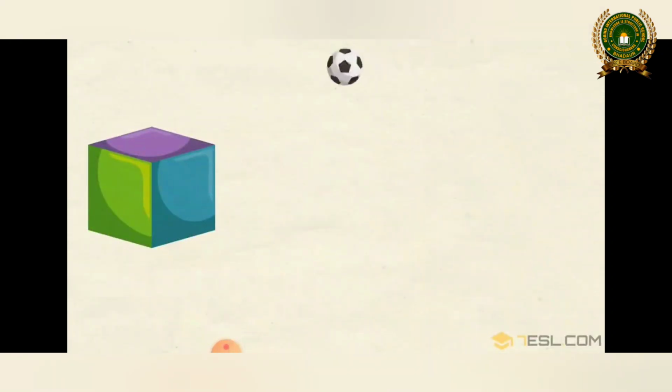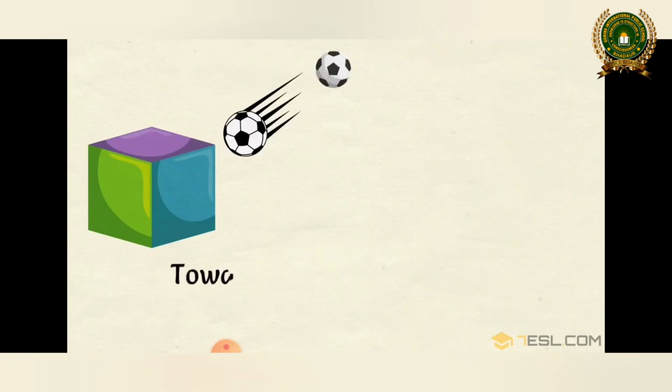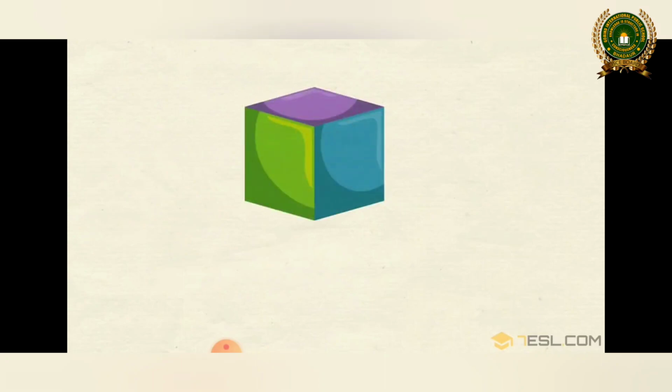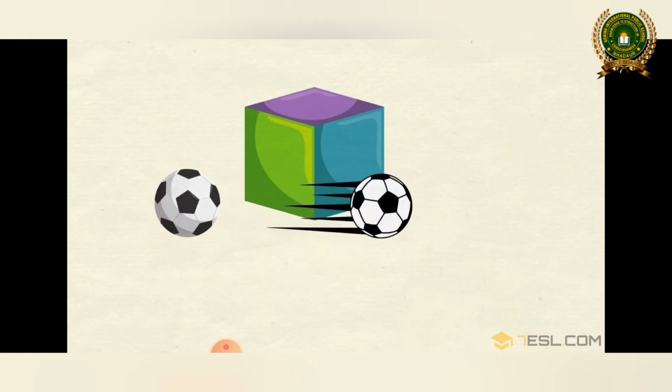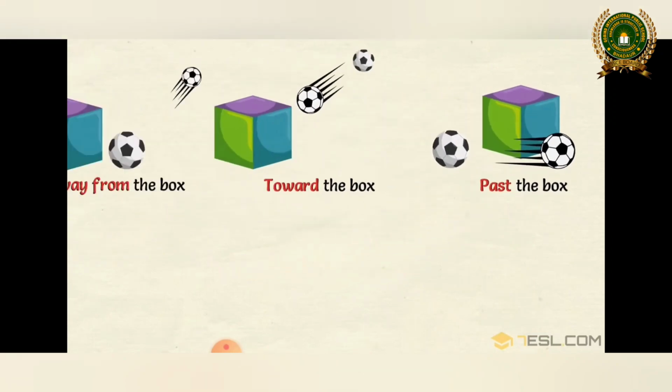When something is coming closer towards something, there we will use towards the box. So we'll say the ball comes towards the box. It passed the box. When something passes, past the box.